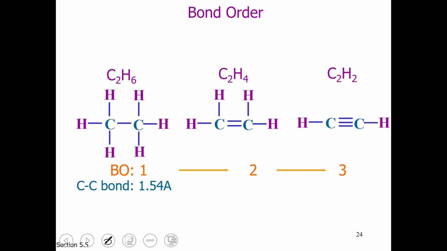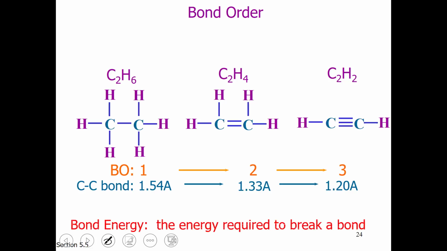It turns out that a carbon-carbon single bond has a length of 1.54 angstroms. A double bond is shorter. It has a bond length of 1.33 angstroms, and a triple bond is shorter still at 1.20 angstroms. Also, the bond energy, or energy required to break a bond, is different depending on bond order.